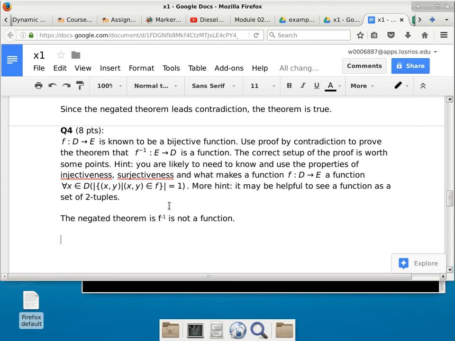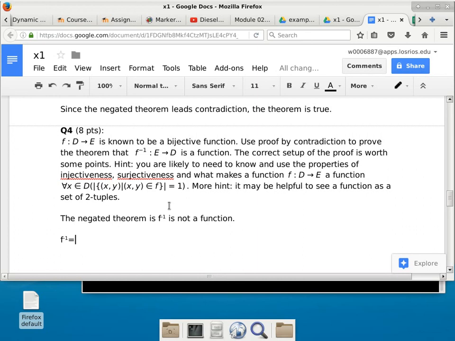Is that okay? So what is F inverse as a set? Okay, so F inverse is now seen as a set. How do you describe that particular set?